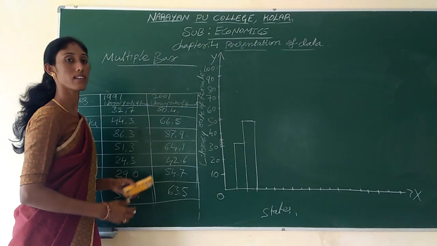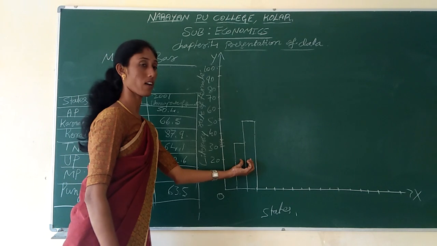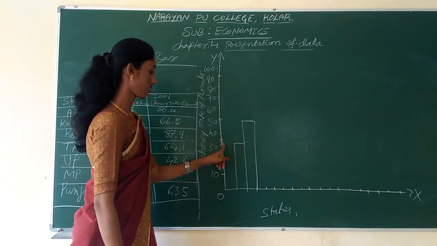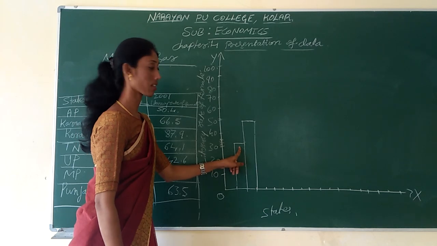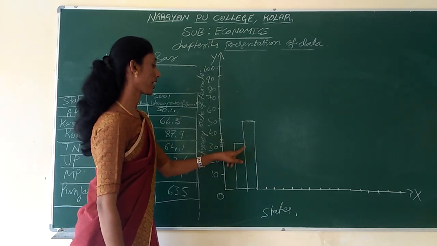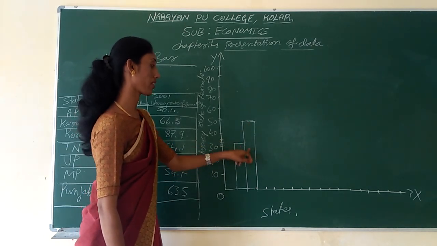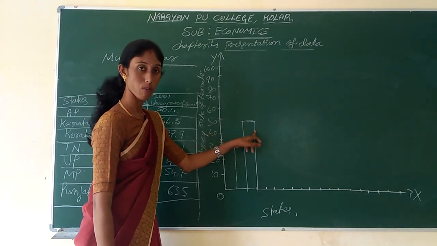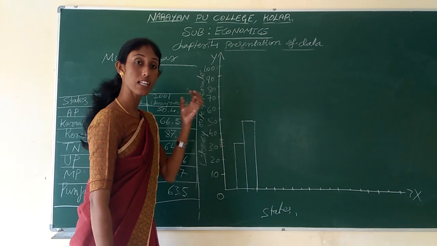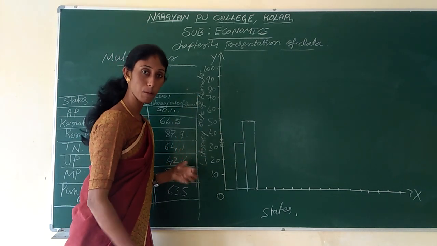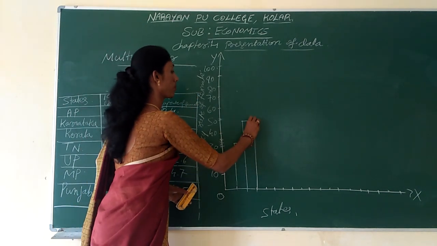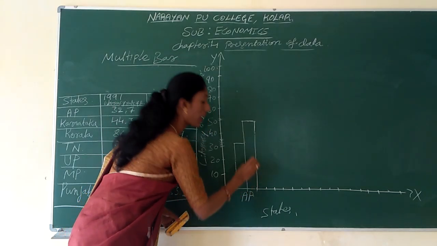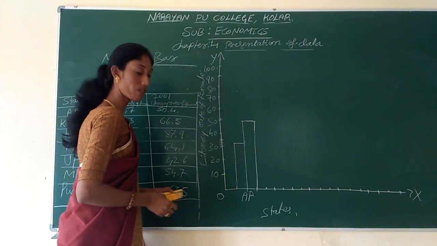This is the female literacy rate of Andhra Pradesh: 32.7 in 1991, and in 2001 it increased to 50.4. By observing this, we can easily understand. This is AP, Andhra Pradesh, literacy rate of female.